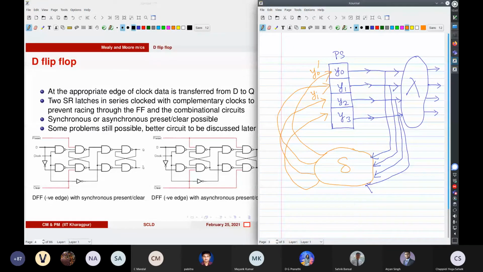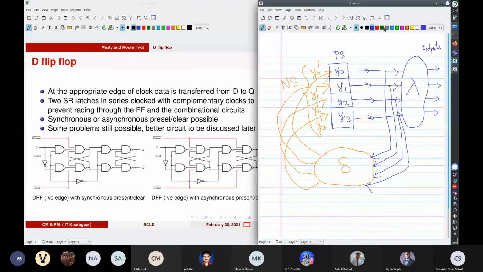This is y0 dash, this is y1 dash, this is y2 dash, this is y3 dash. So these are your next state, and these are your outputs. But what I have not shown as yet are your inputs.